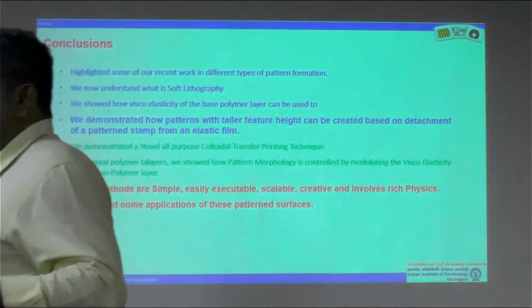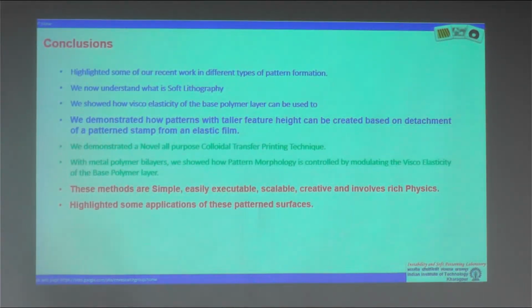So in the second part of my talk, the last 35 minutes or so, I focused on being more creative. That is, you have a single stamp, and then with that you can create different structures. And some of those novel examples I showed.